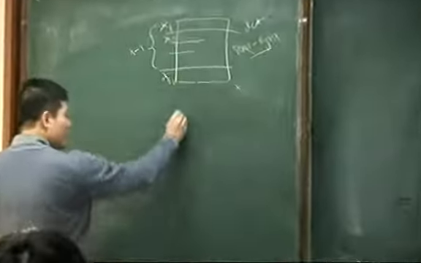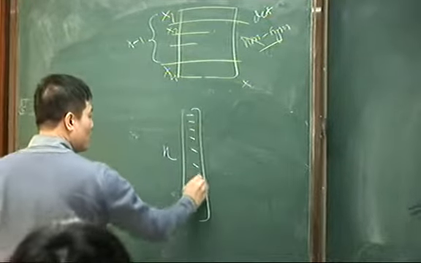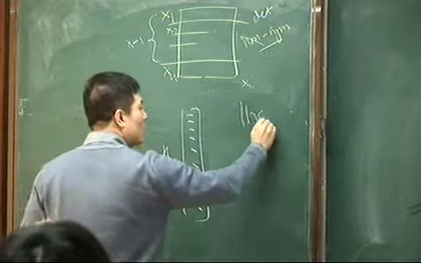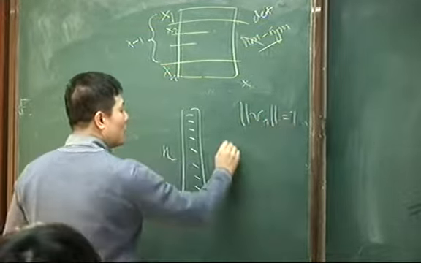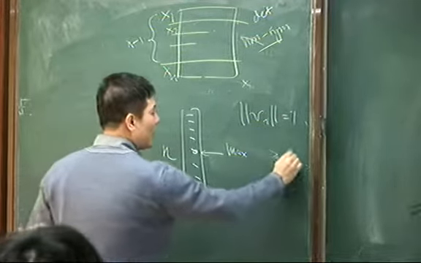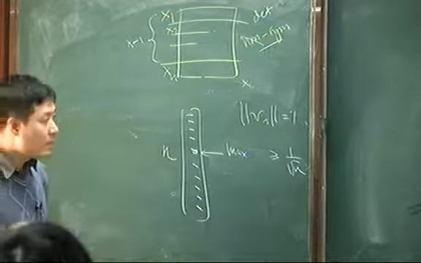So an eigenvector is a vector of length n with real coordinates, and the norm is 1. If you look at the maximum coordinate, it should be larger than 1 over square root n, because the sum of the squares is 1.